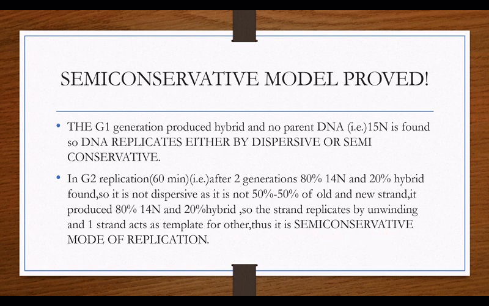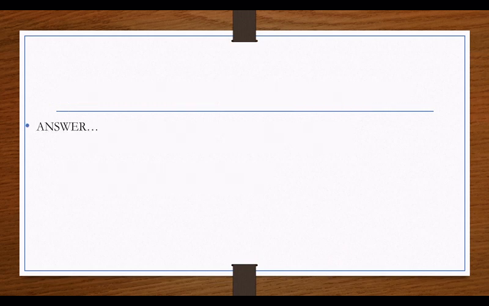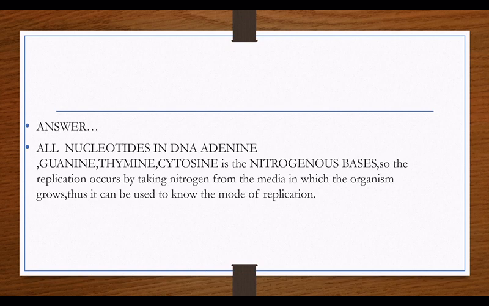Why was nitrogen selected for the experiment? Why not phosphorus? Why not carbon? Why not oxygen? Answer: all nucleotides in DNA contain nitrogenous bases, adenine, guanine, thymine and cytosine. So replication occurs by taking nitrogen from the media in which the organism grows.